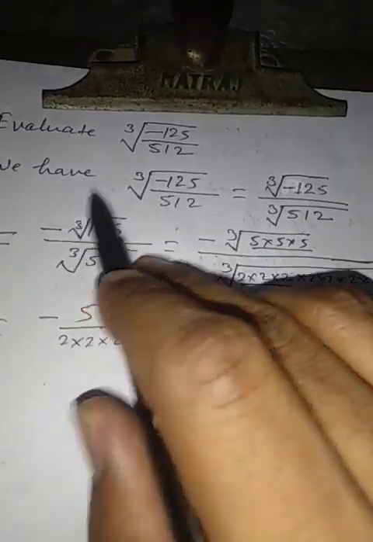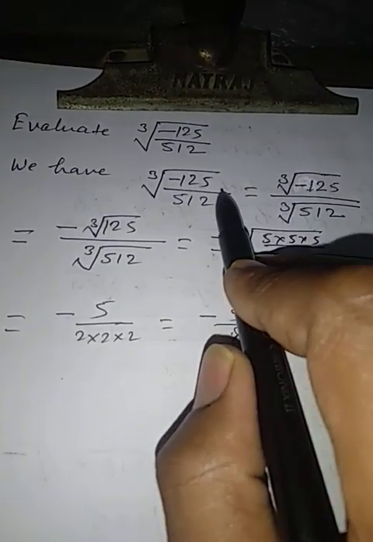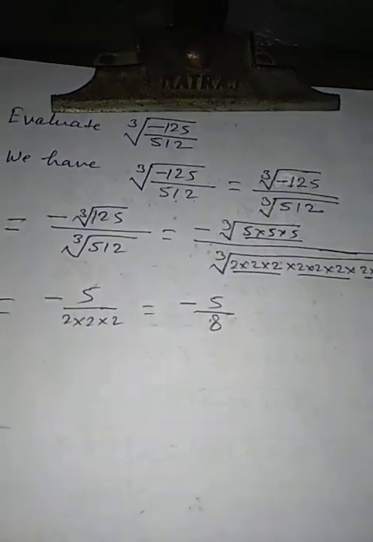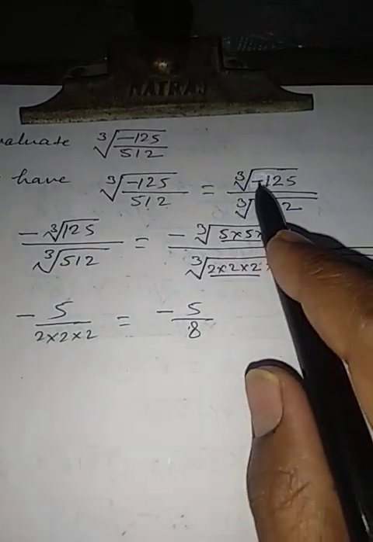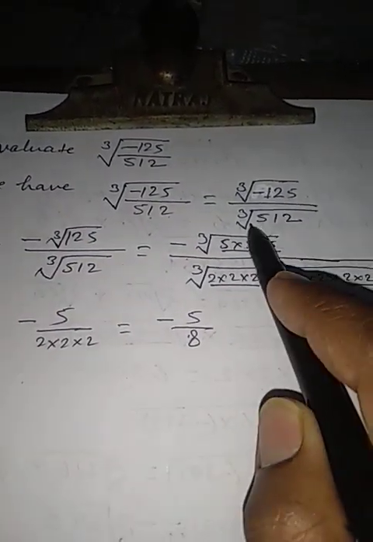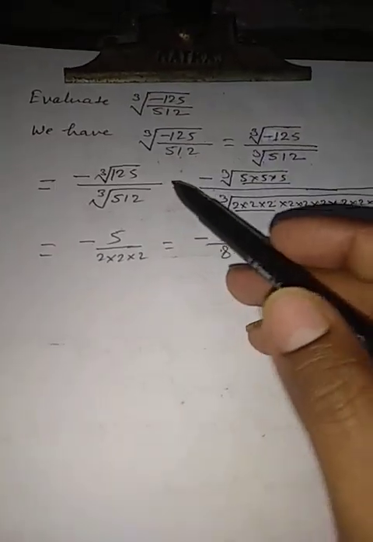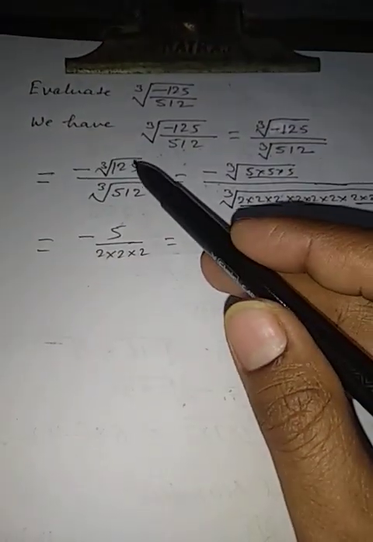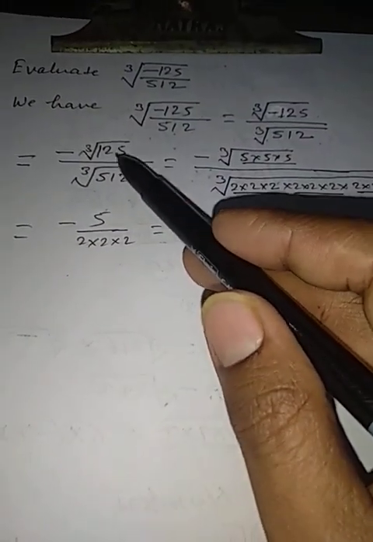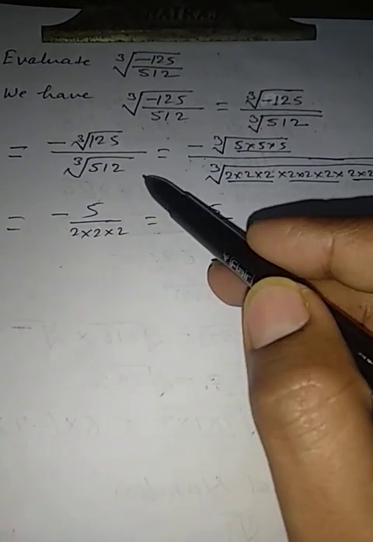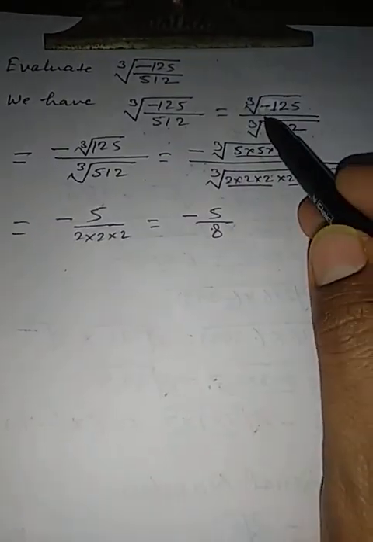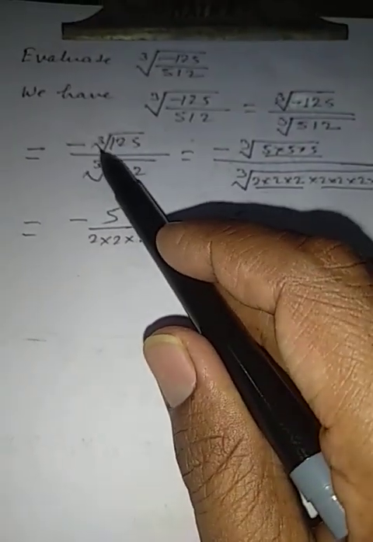We have cube root of minus 125 by 512 equals cube root of minus 125 by cube root of 512, and this equals minus cube root of 125 by cube root of 512, because the minus can be taken out of the cube root as per the previous rules.